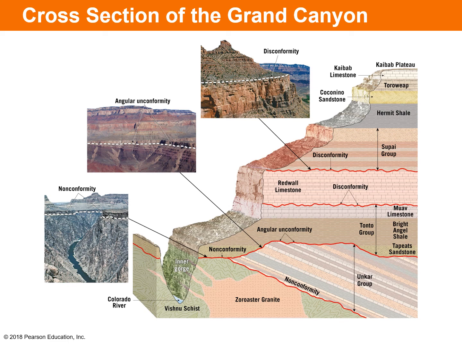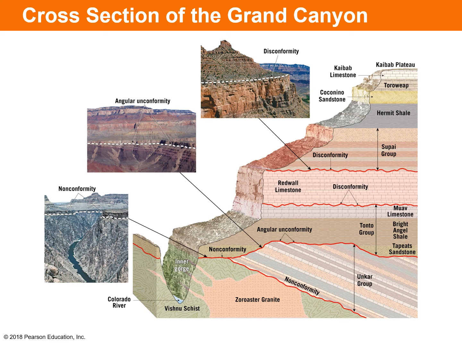And you can see that the Zoroaster granite eroded at an angle too there. Well, the angular layers of the Unkar group sedimentary rock are overlain by horizontal layers of the Tonto group sedimentary rock, or specifically the Tapeats Sandstone and the Bright Angel Shale in this case.